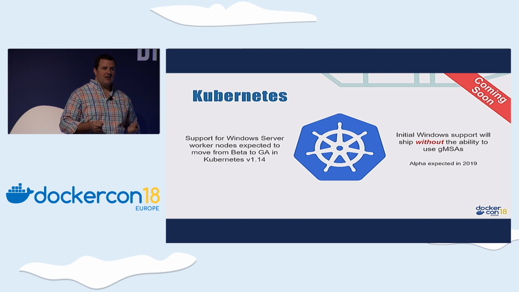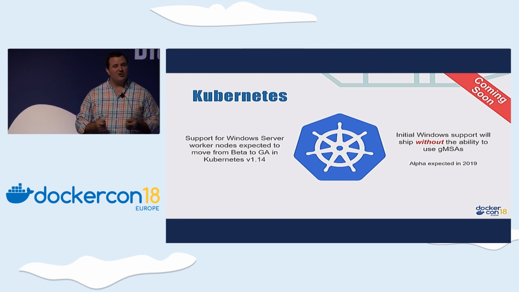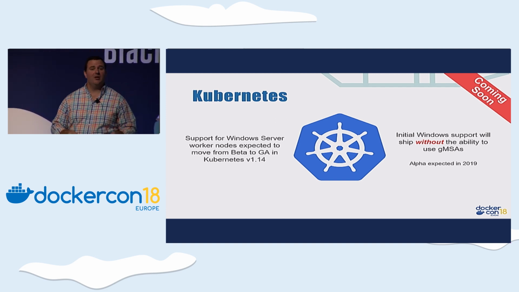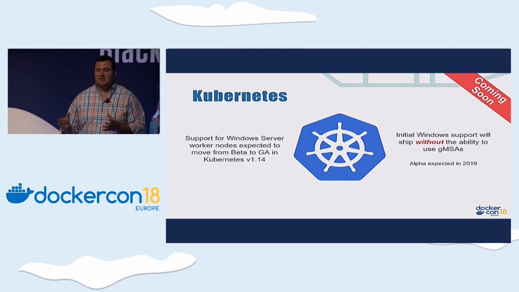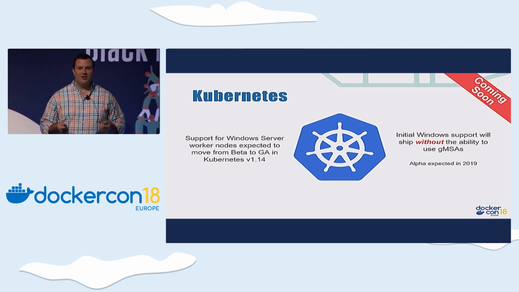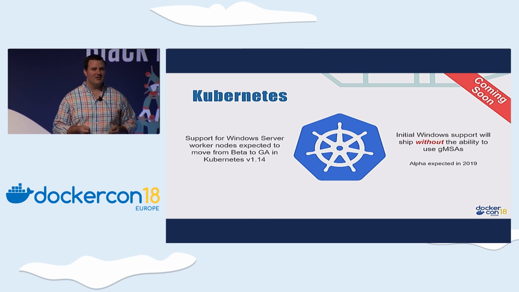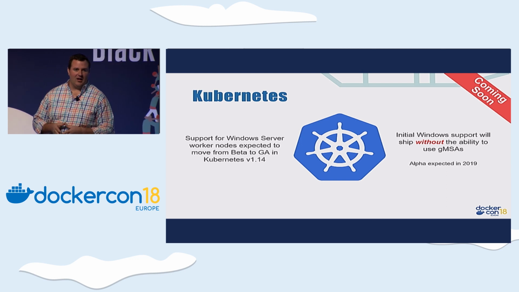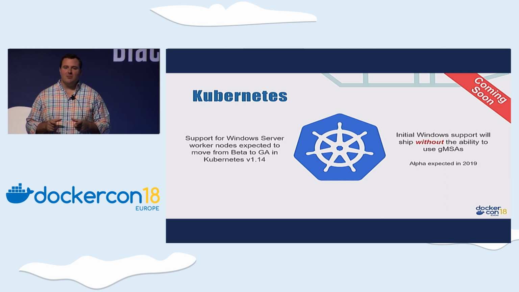The difference here is that Microsoft has said that when the Kubernetes support initially launches, one feature that didn't quite make it in before code freeze was support for gMSAs. So it'll be coming later in the year. We don't have any set information today on that, but know that on day one, if you fire up Kubernetes with Windows support in Kube 1.14 in a few months and try to load a gMSA, you may have an odd experience because they haven't quite polished the gMSA piece.